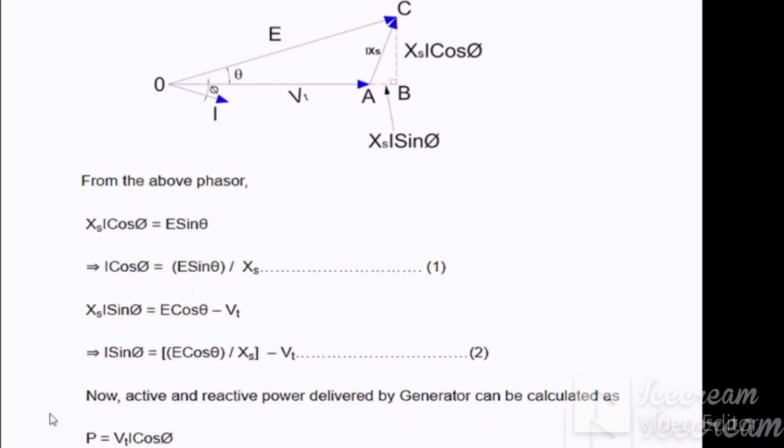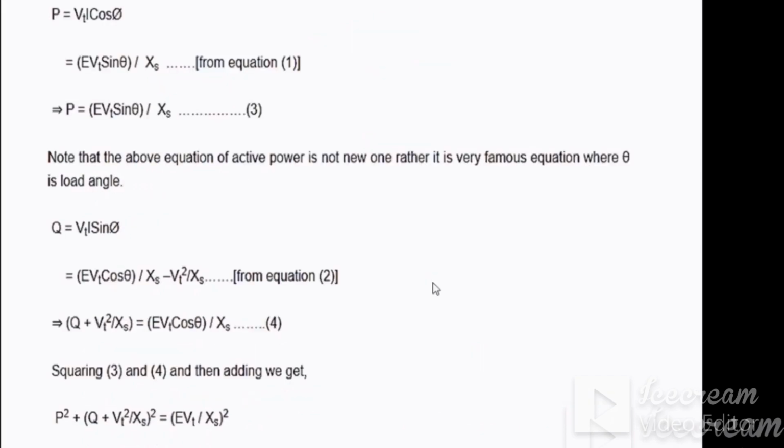So this is the same thing I have written here. Capital P is equal to Vt into I cos phi. This is actually the active power being delivered, or power transferred, from that alternator. And this can be written as E into Vt sin theta by xs from the above equation number 1.